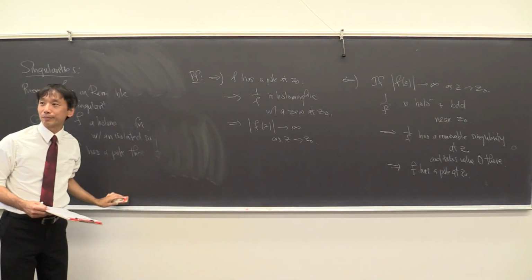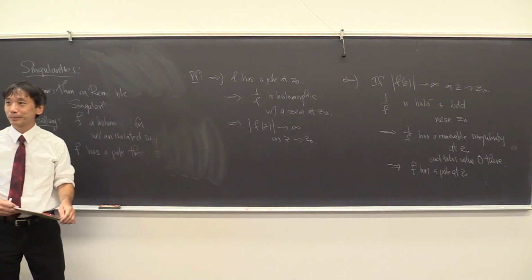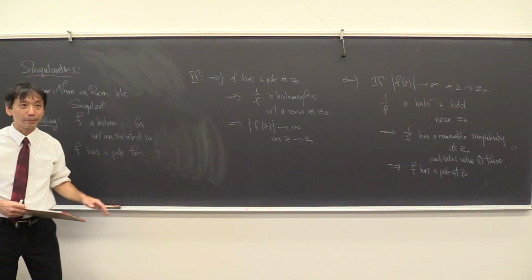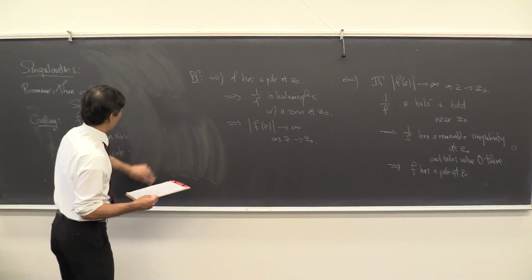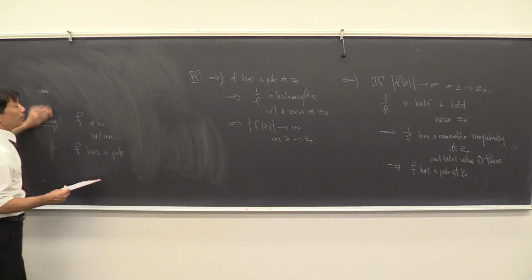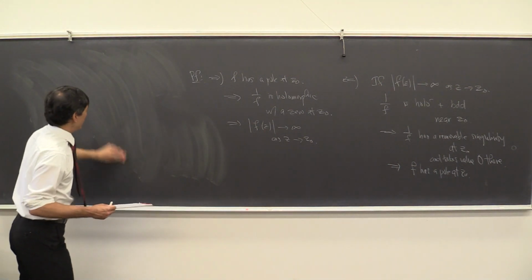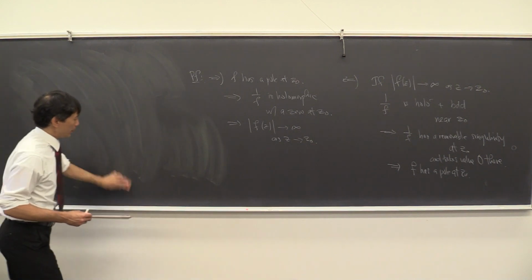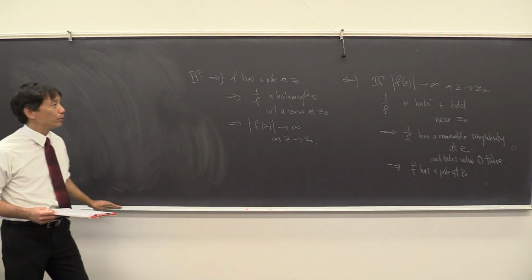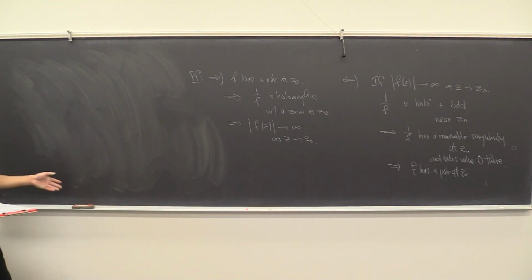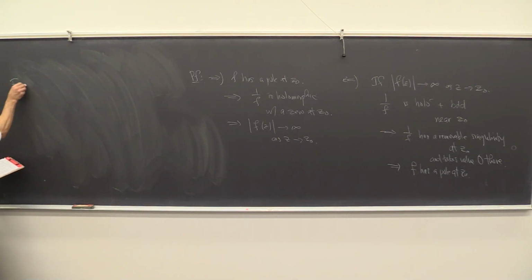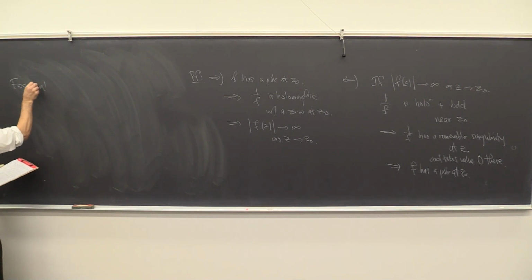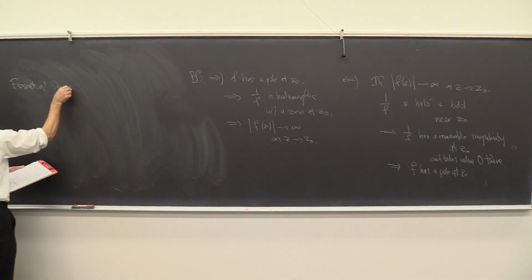Other questions? Okay. So we've characterized removable singularities, and we've characterized poles, and any other singularity is called an essential singularity. So the last type of singularity are the essential singularities.